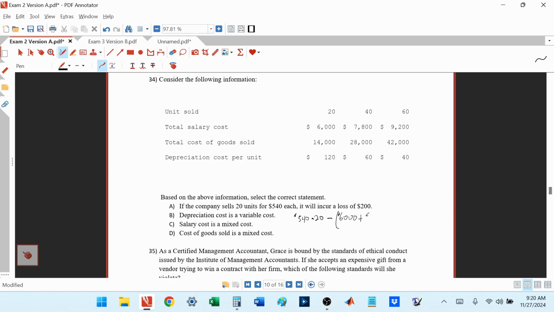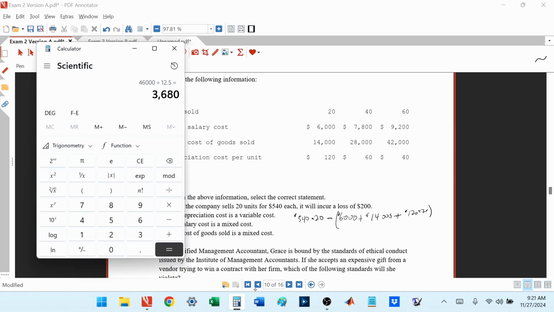COGS at 20 units is 14,000. And then depreciation at 20 units is, we got 120 a unit times 20 units. So our total costs are 6,000 plus 14,000 plus 120 times 20. So 22,400.